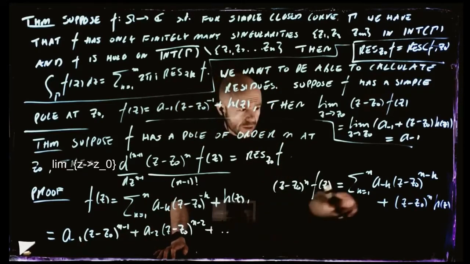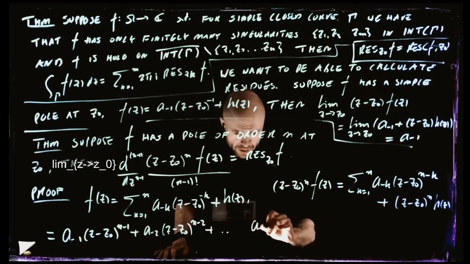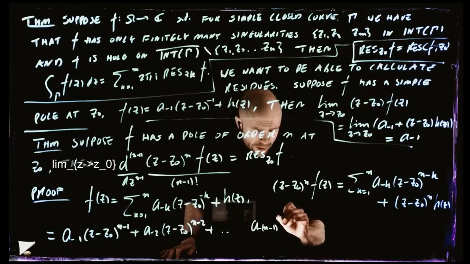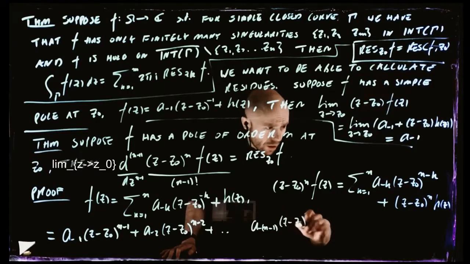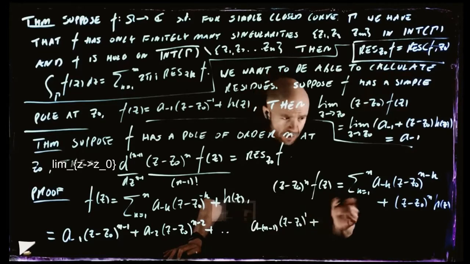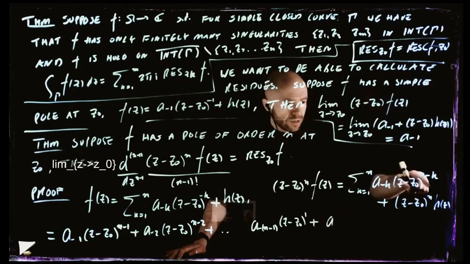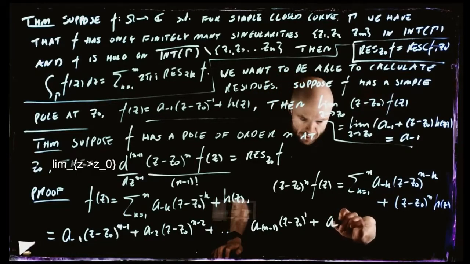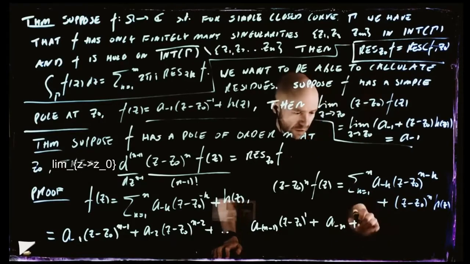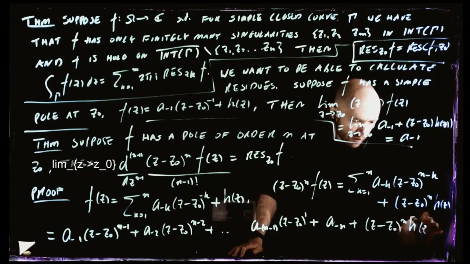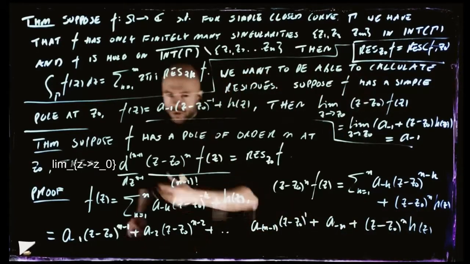When k is n minus 1, we have a_{-(n-1)} and then (z minus z0) to the n minus (n minus 1), so this is just to the power 1, and then the final thing is a_{-n}, and that's just going to be (z minus z0) to the n minus n, so that's just 1, and then this stuff here, (z minus z0) to the n h(z). Yeah? Just writing out what this is.